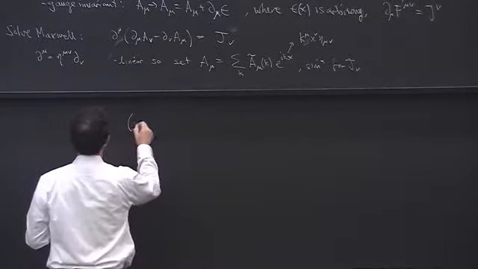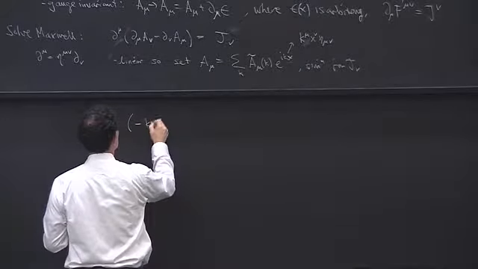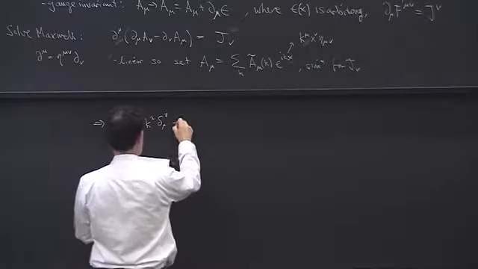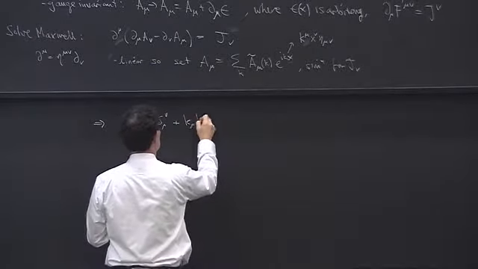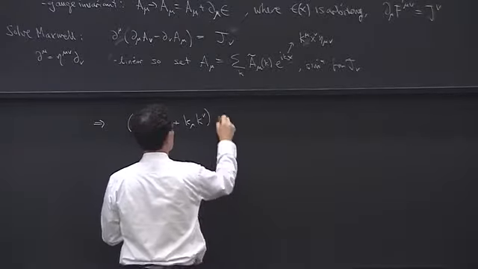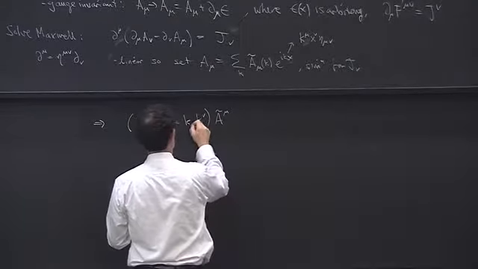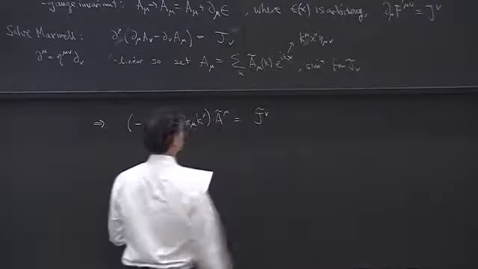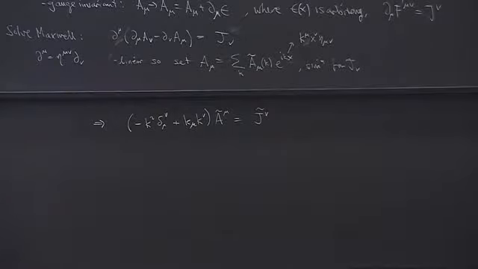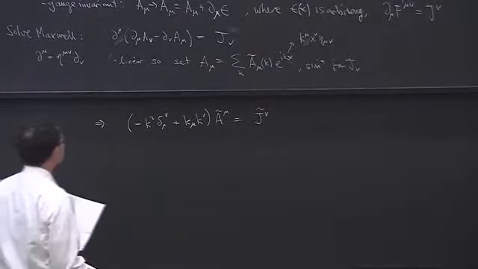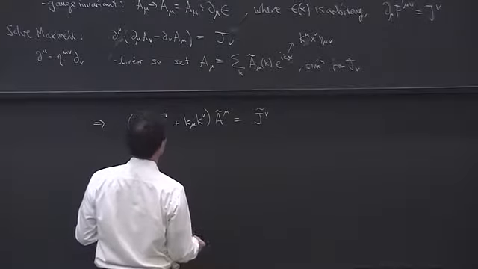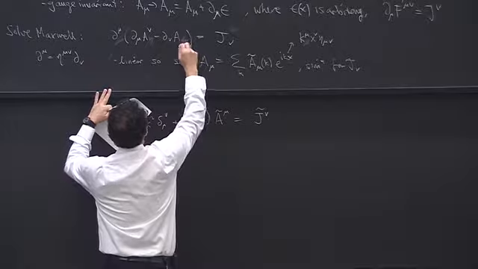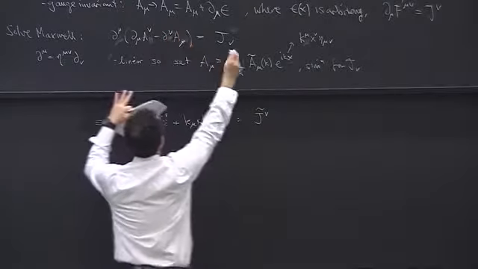And so this equation becomes minus k squared delta mu nu plus k mu k nu times A tilde nu equals j tilde mu.